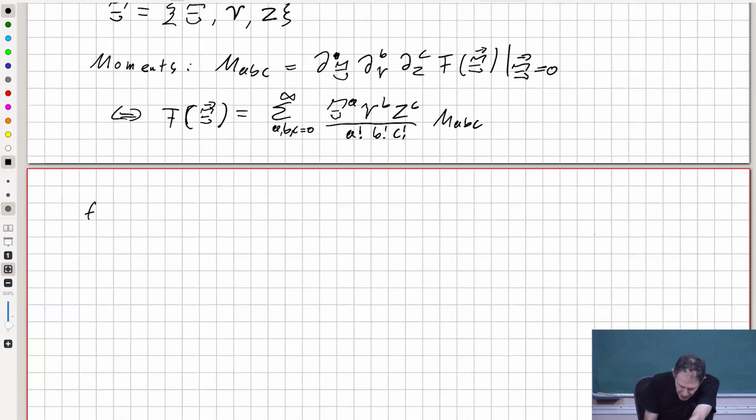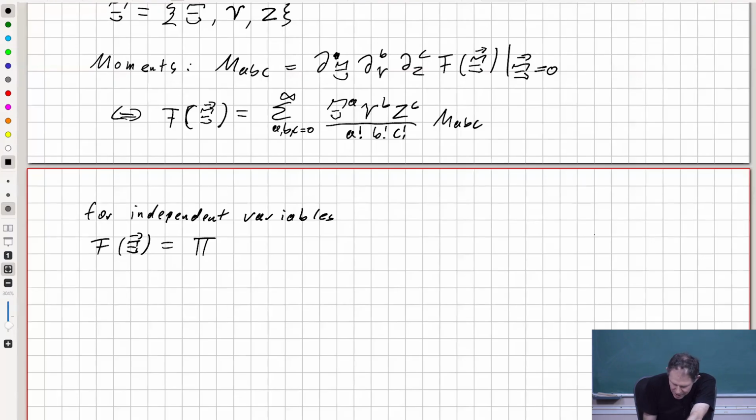So for independent variables, all we know is that the probability distribution factors, so that we can write this as the product over i from 0 to infinity of f_i(c_i).